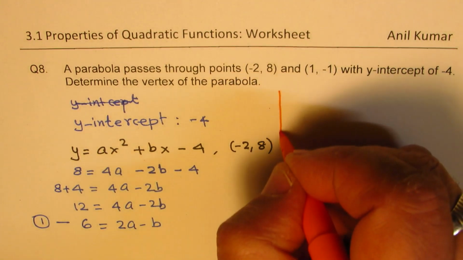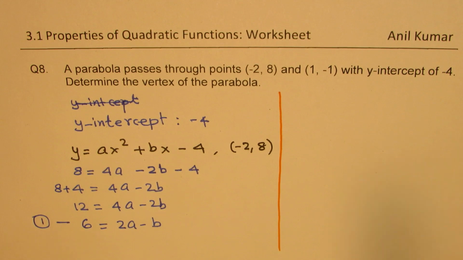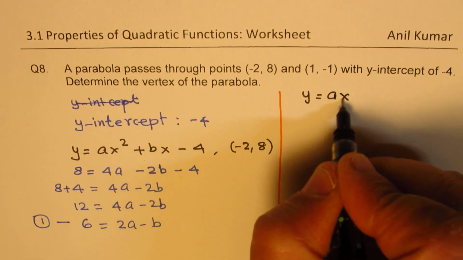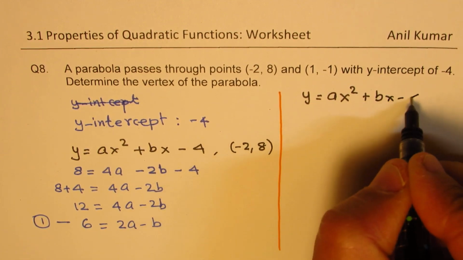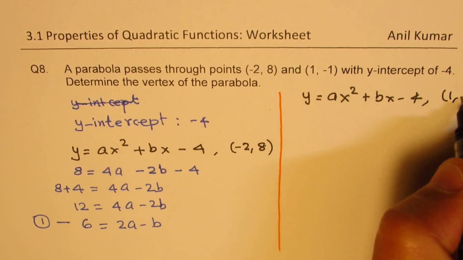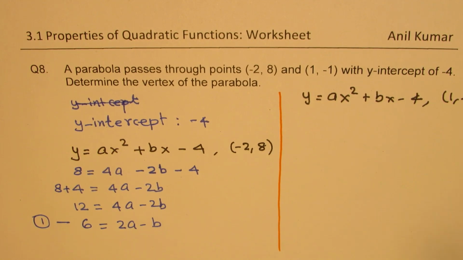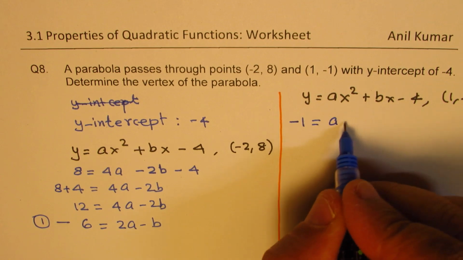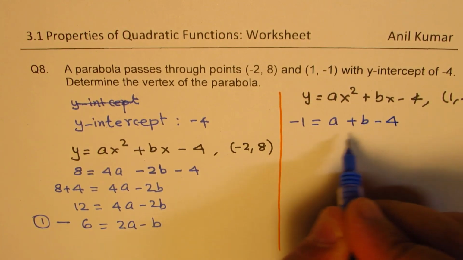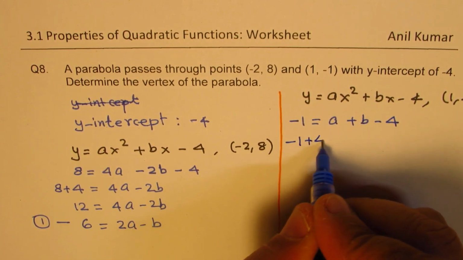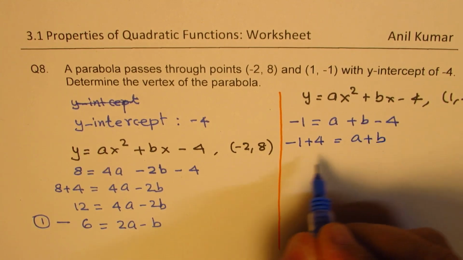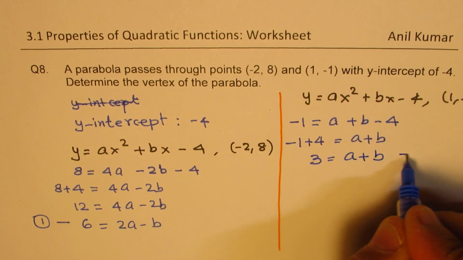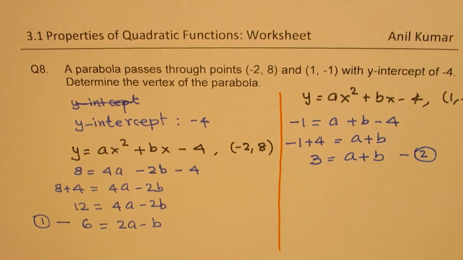Now let's substitute the other point in the equation y equals ax squared plus bx minus 4. We'll now take the point 1, minus 1. Substituting, we get minus 1 equals a plus b minus 4. That gives us minus 1 plus 4 is a plus b. So we have 3 equals a plus b, and that becomes our equation number 2.